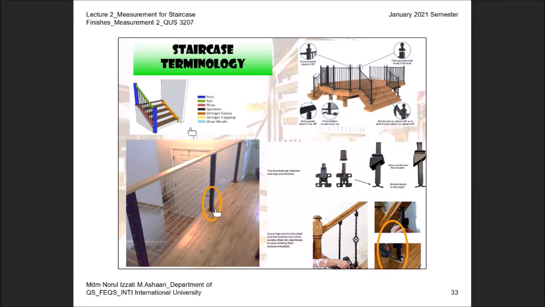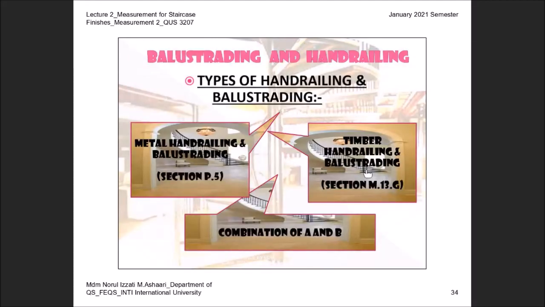The word plate is actually steel plate, either in rectangular or square. Okay, that is where you need to screw down inside the staircase area or inside the slab area. Look at this, you have to screw down. This information is not going to be measured separately, but needs to be stated. How the baluster is being installed is required to be stated in the description. Okay, you can go through all this terminology as the recap.